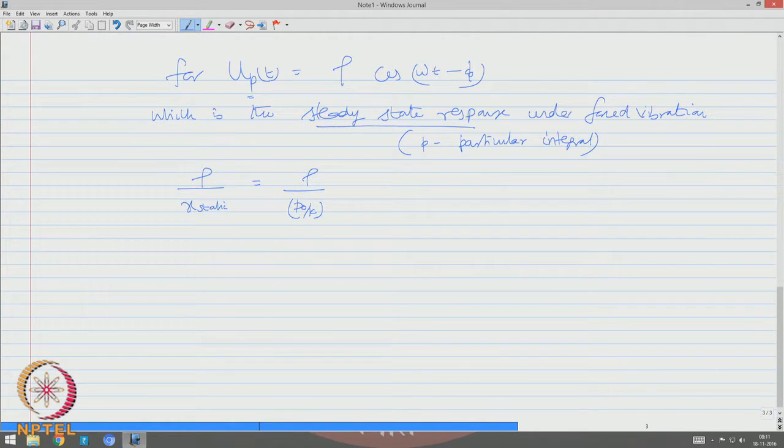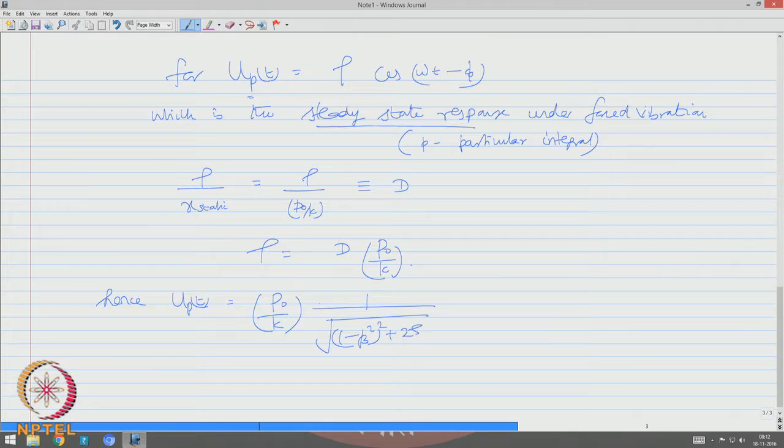We call this D. Therefore, rho actually is D times P 0 by k, and hence u p of t now will be P 0 by k, D, which we already know is 1 by root of (1 minus beta square) whole square plus (2 zeta beta) square, times cos (omega t minus phi). Let me call this equation number 4.